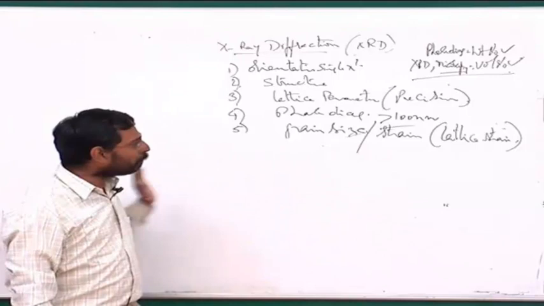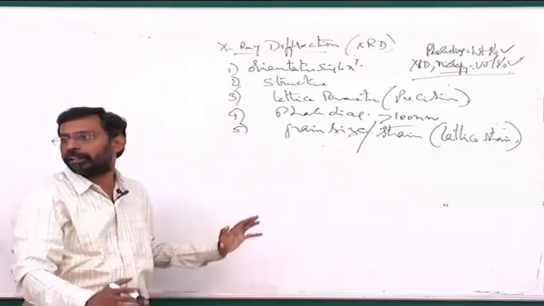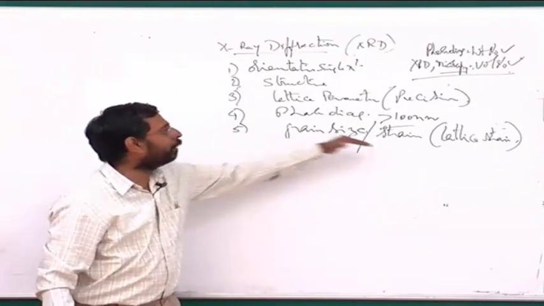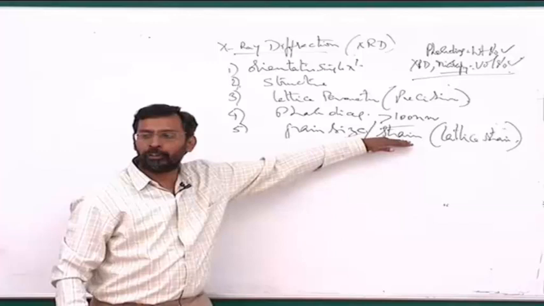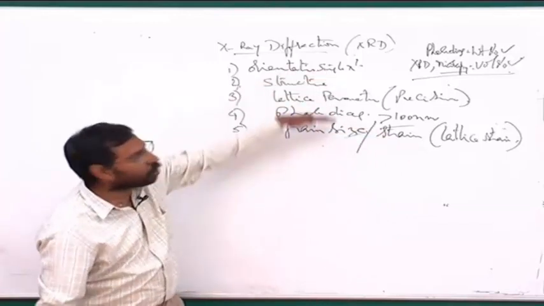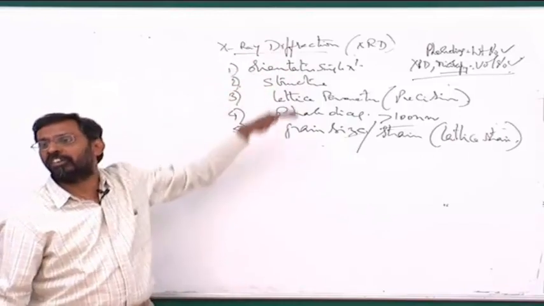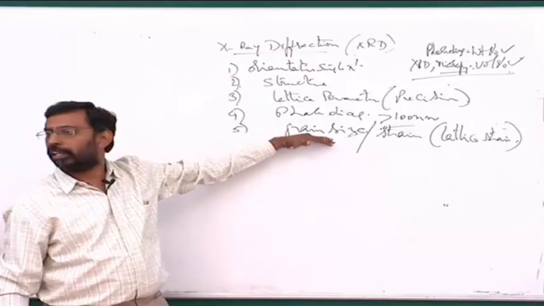I said uniform strain will cause peak shifts. Non-uniform strain will cause broadening. Only from broadening we are finding this out. You can see grain size or lattice non-uniform strain can be found out from broadening. All other things so far that we talked about are only from peak positions. We never used broadening anywhere there. Broadening we used only here.